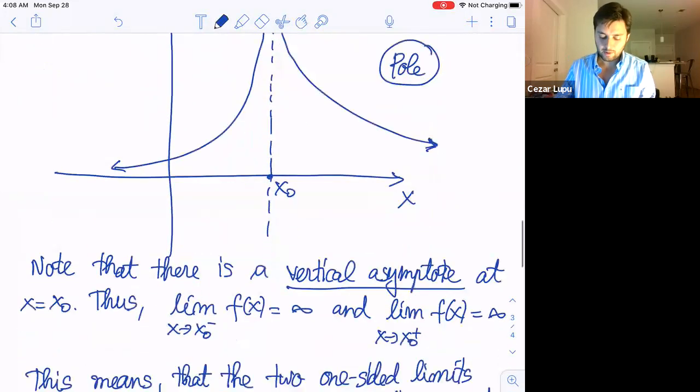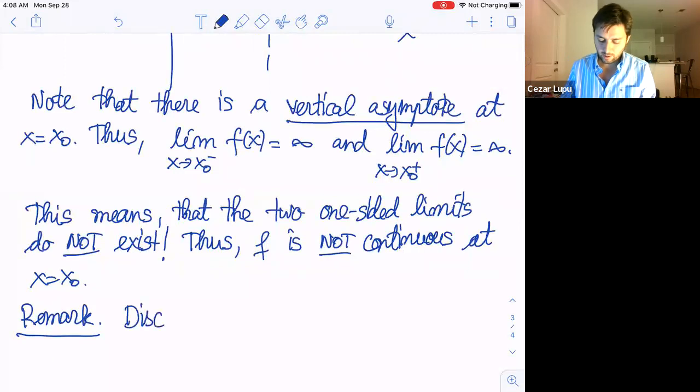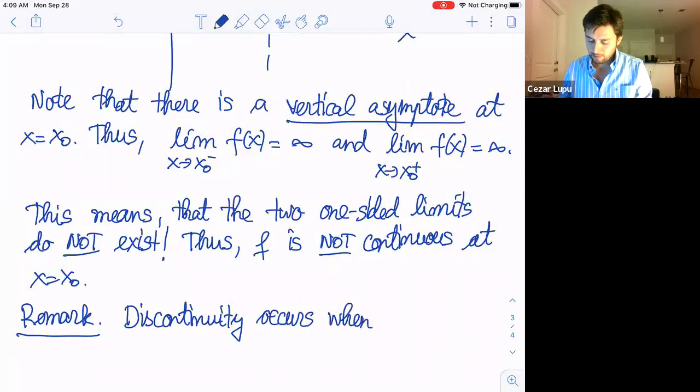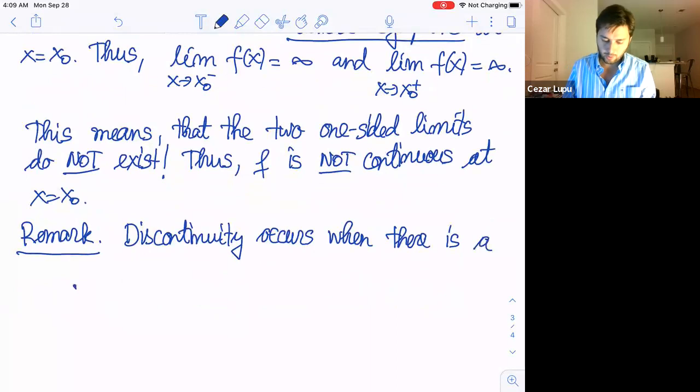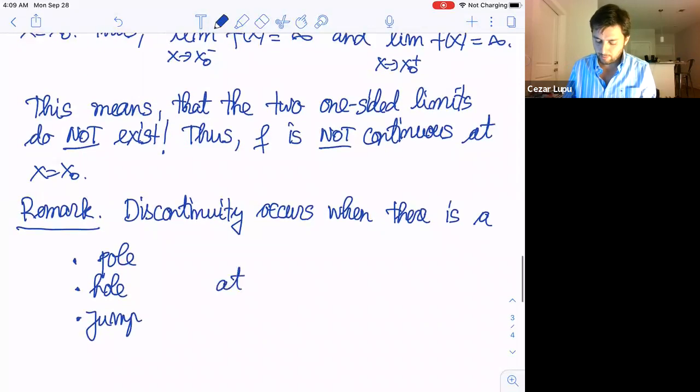So in other words, to summarize everything, discontinuity occurs when there is a pole, hole, or jump at the point x equals x naught.